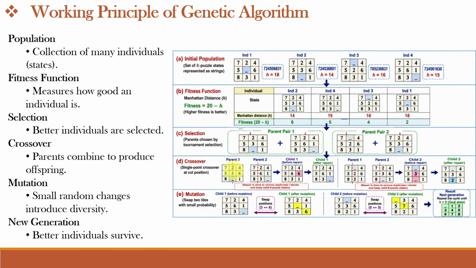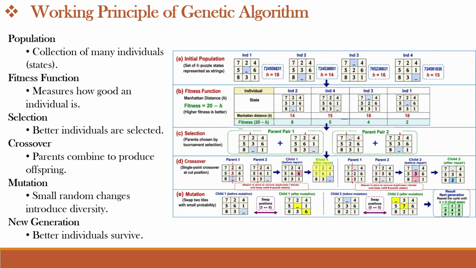For example, 758 is common to both the parents, so it is taken here. 461 is taken from parent 1 and written here, and 263 is taken from parent 2 and written here, and in this way one child is formed.